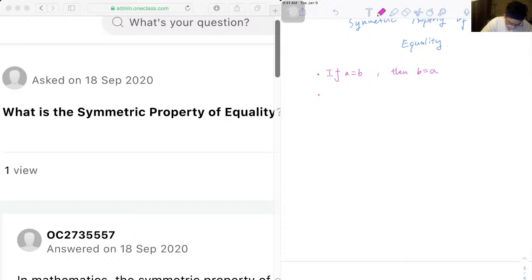So we can interchange the sides of the equation, and the equation is still a true statement.